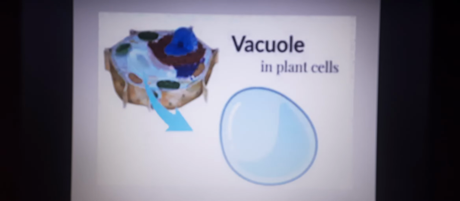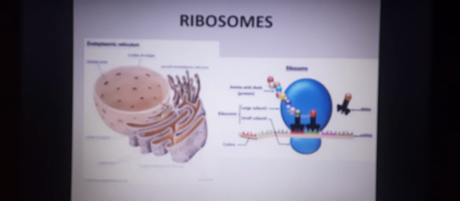These are the vacuoles. Vacuoles are mainly present in plant cells, where they are larger. In animal cells vacuoles are also present, but animal cell vacuoles are very small and plant cell vacuoles are very large. This is the ribosome. Ribosome is called the protein synthesizing factory of the cell.